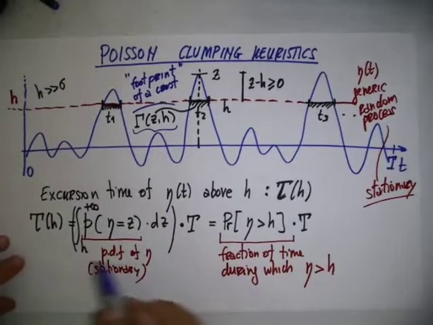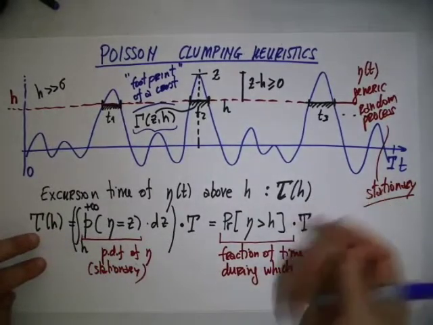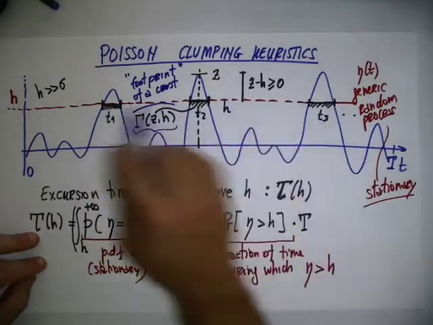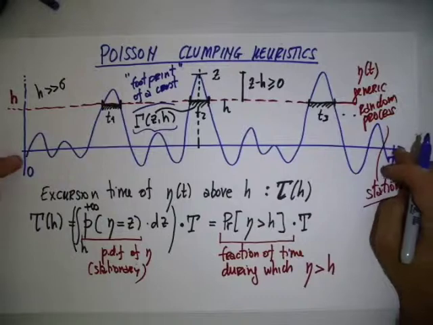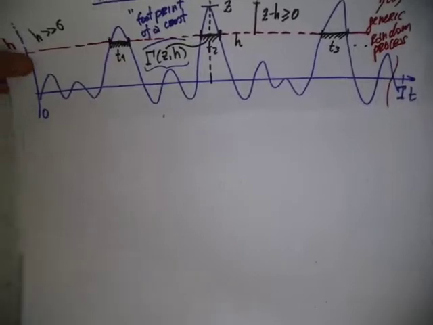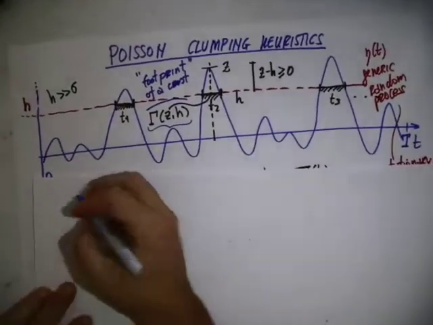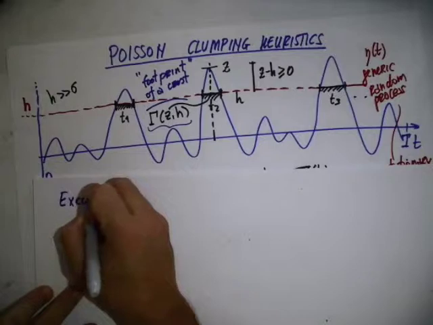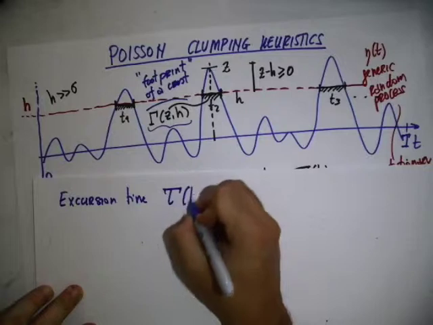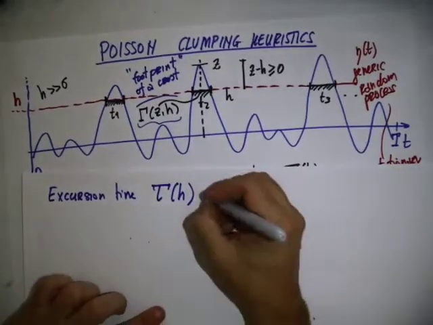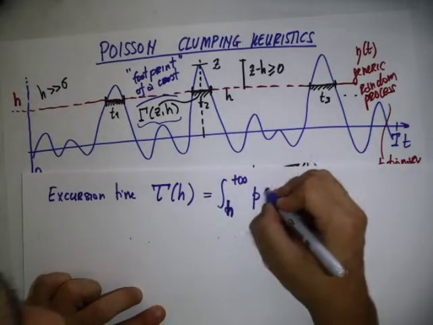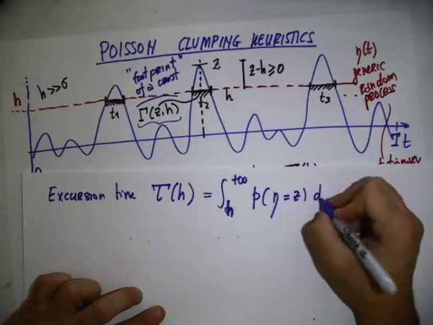Let's assume that we have this information. I can compute this excursion time in an alternative way by summing up all these footprints for all the crests that occur between 0 and T. So what does it mean? It means that the excursion time above h is equal to the integral between h and infinity of the probability that eta is equal to z dz.